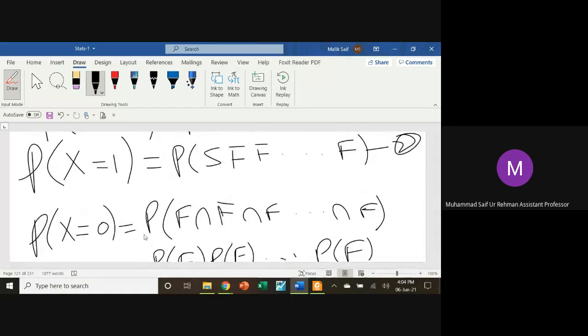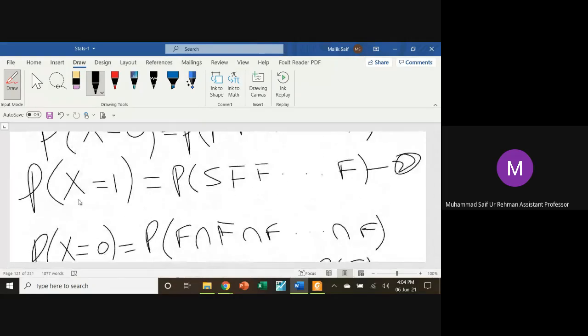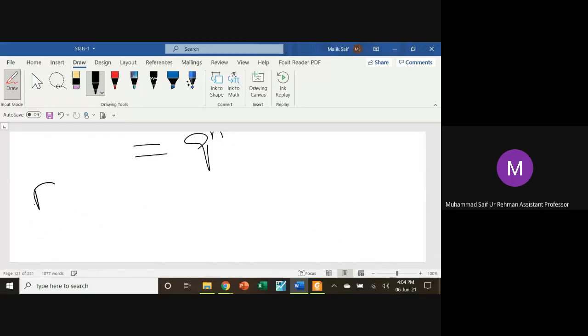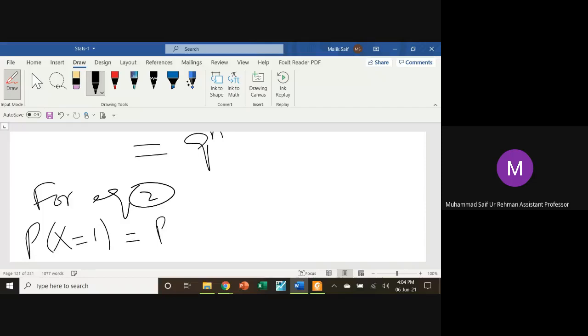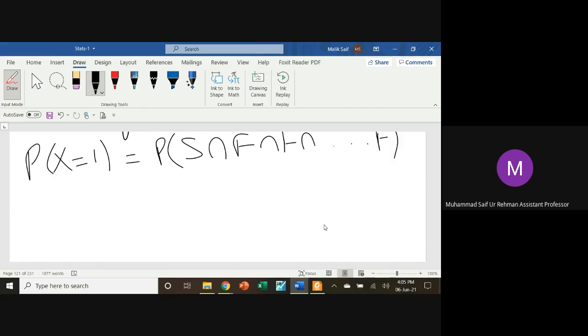Right? And when you take this second equation into account, again for equation 2, you may write down probability of x is equal to 1. So probability of s, and then failure, then failure, then so on up to the last term failures are there. Again, events are independent. So probability of s multiplied by probability of f multiplied by probability of f, so on up to probability of f.